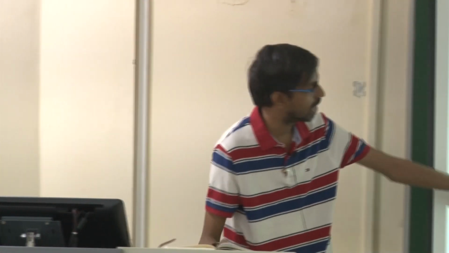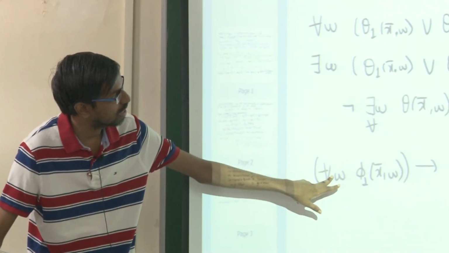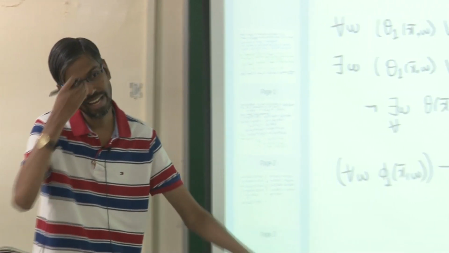The first thing in implication, what is it? It is negation. Negation of this or the other one. Right? So this is negation. Think about that. So negation of for all is there exists of negation. Do we want negation? Yes.